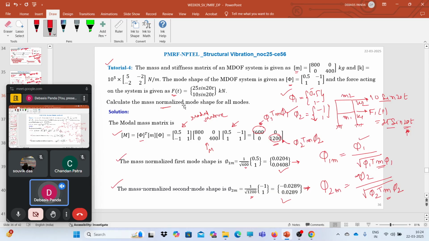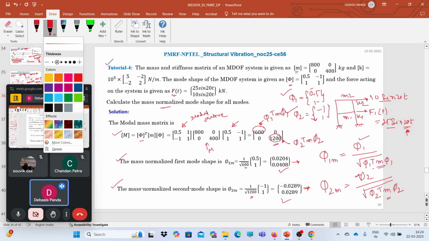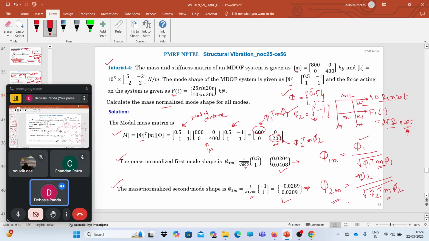First, we need to calculate the normalized mode shape. For mass normalization, it's phi divided by the square root of phi 1 transpose m phi 1. For phi 2, it will be phi 2 transpose m phi 2, and so on.